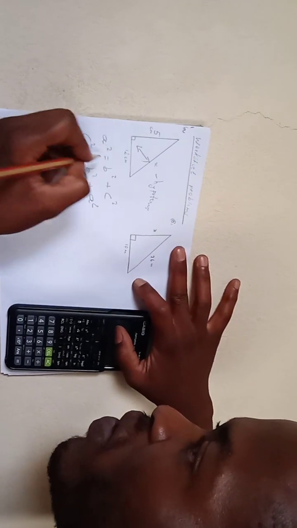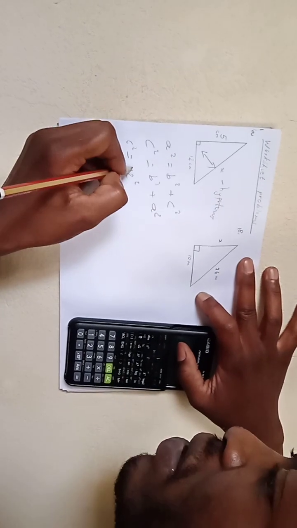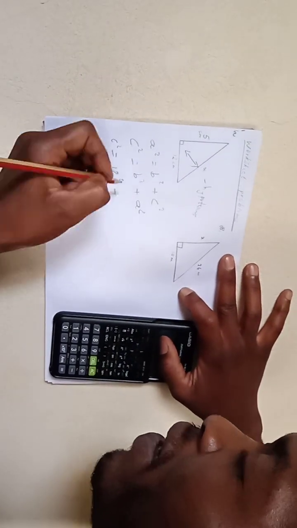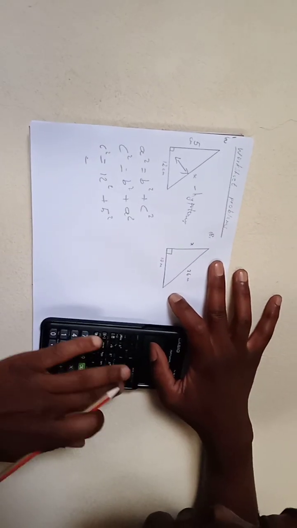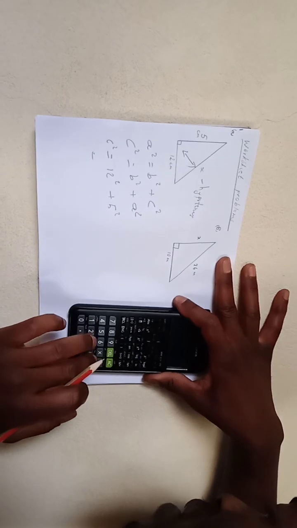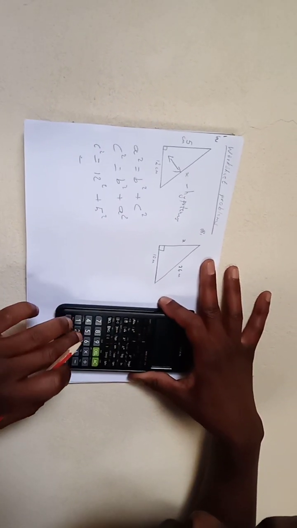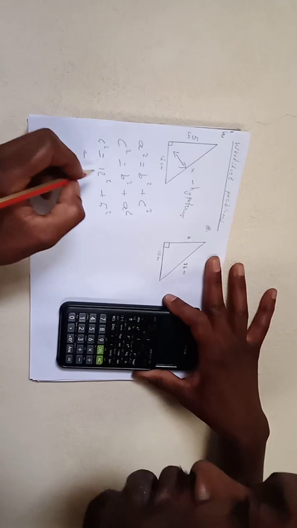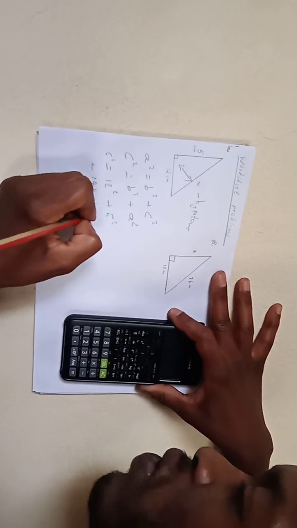B squared, we can decide which one is B, is 12 squared plus 5 squared. 12 squared is usually 144, but I'm just going to do it on the calculator to make sure I'm doing the correct thing. 12 squared is equal to 144, plus 25.